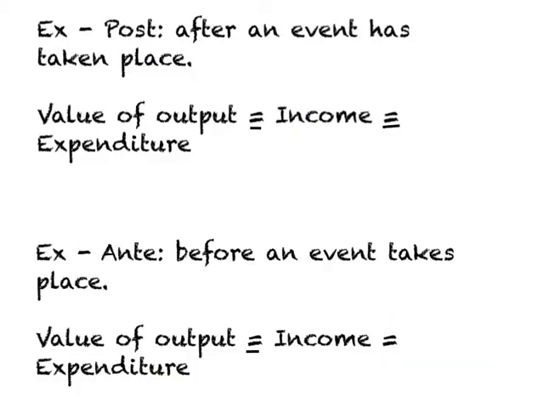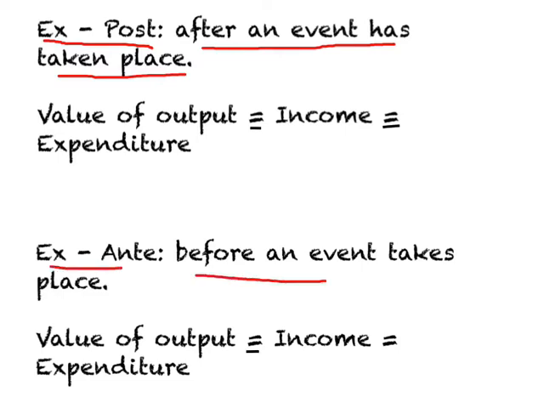In economics, we distinguish between what is ex post and what is ex ante. And by ex post we mean after an event has taken place and we have taken into account everything. By ex ante we mean before an event takes place, or this is at the level of intentions of people.